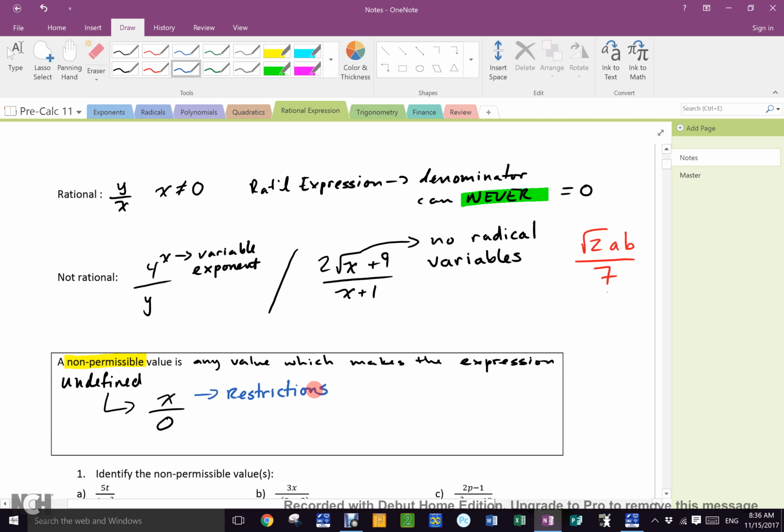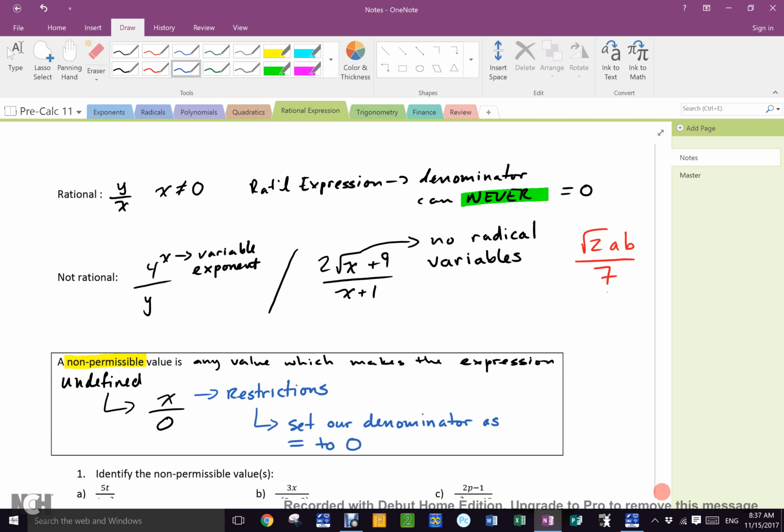So, how we find them is this. We set our denominator as equal to 0, and then we work it out. Is everybody cool?